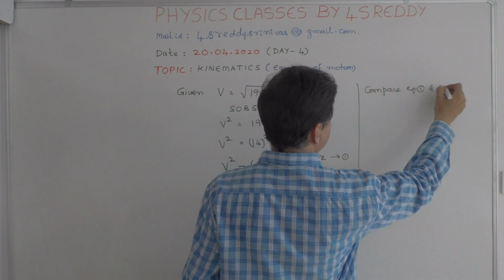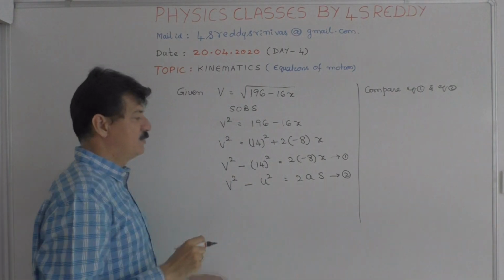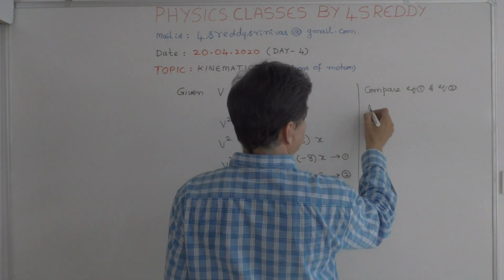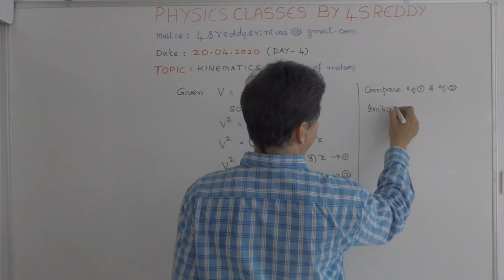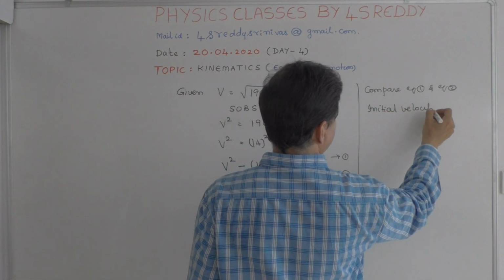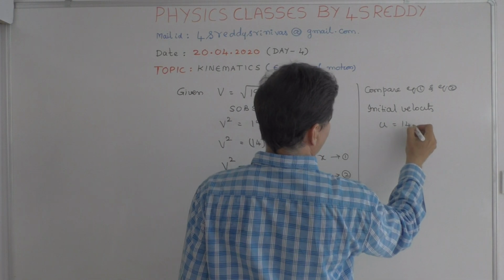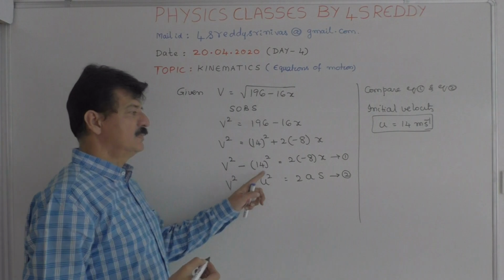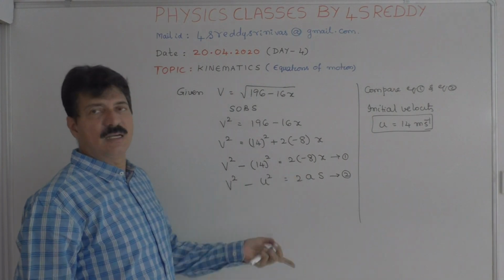equation 1 and equation 2. If you observe this, initial velocity u is equal to 14 meters per second. And whereas this a is analogous to minus 8.